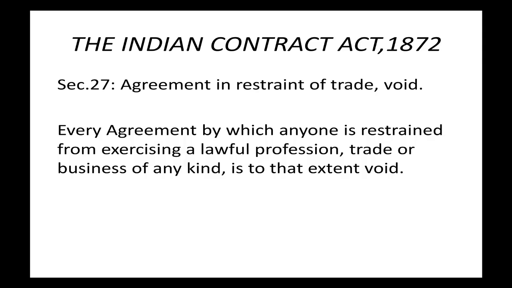An agreement in restraint of trade is void. If you enter into any agreement restraining anyone from exercising a lawful profession, trade or business of any kind, to that extent it is void. This is an extremely important clause to be noted. Just keep it in mind. This will help us in understanding the further discussions on this topic.